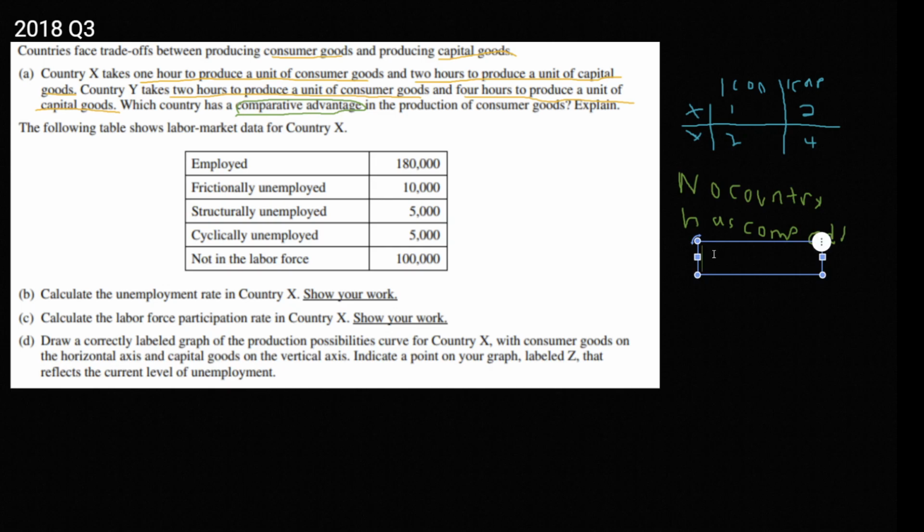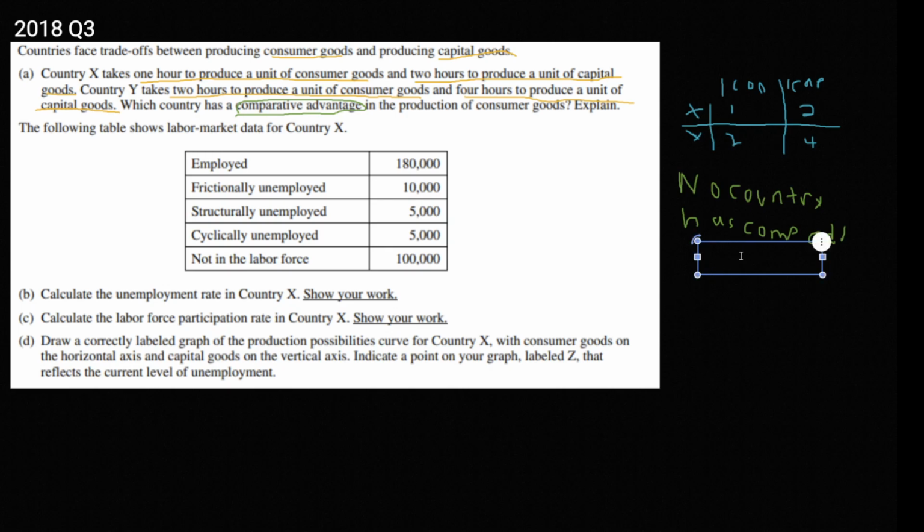So the opportunity cost of one consumer good is half of a capital good. In 1 hour we can make one consumer good or half of a capital good for country X, and for country Y we can make, in some length of time, one consumer good or half of a capital good.